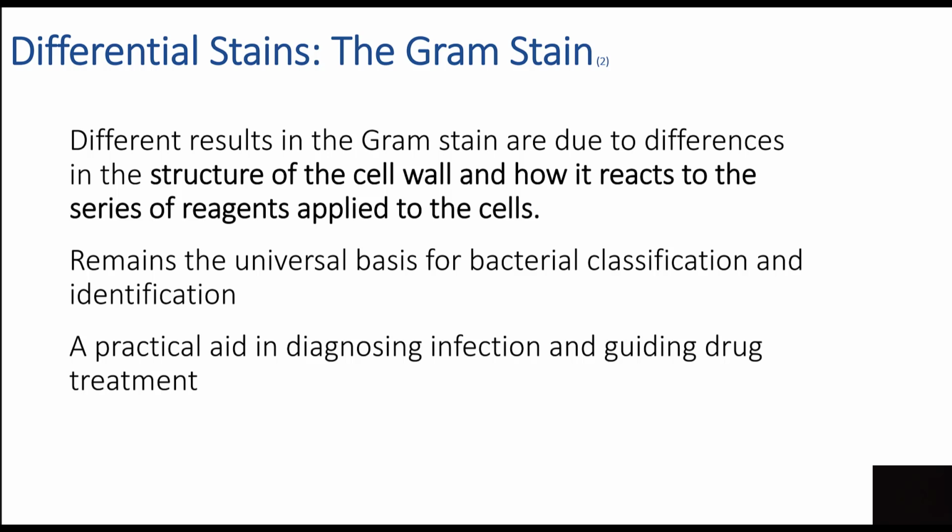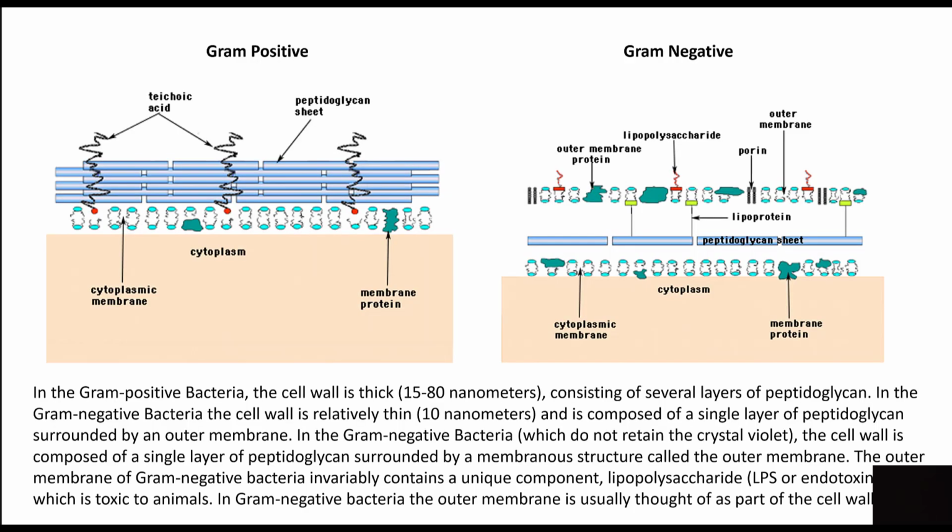The differences in the cell wall structures are helpful. If we know it's gram positive or gram negative, then we can make a presumption to go after a particular antibiotic, let's say, as a preemptive strike while we're trying to identify it. So we'll use a broad spectrum type of antibiotic. But you can see big differences here between the gram positives and the gram negatives. We have a phospholipid bilayer in the gram negative. The gram positive has this peptidoglycan with teichoic acids interspersed, and that's where the crystal violet stains.